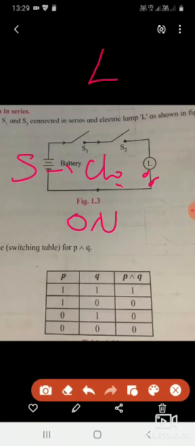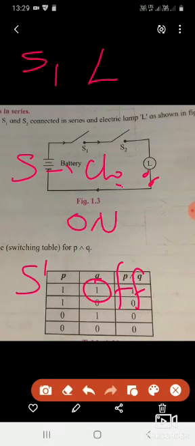Then S dash means the switch is open. Open means it is off. So suppose the first switch S1 is closed, then its opposite state is S1 dash, that is open, that is off.